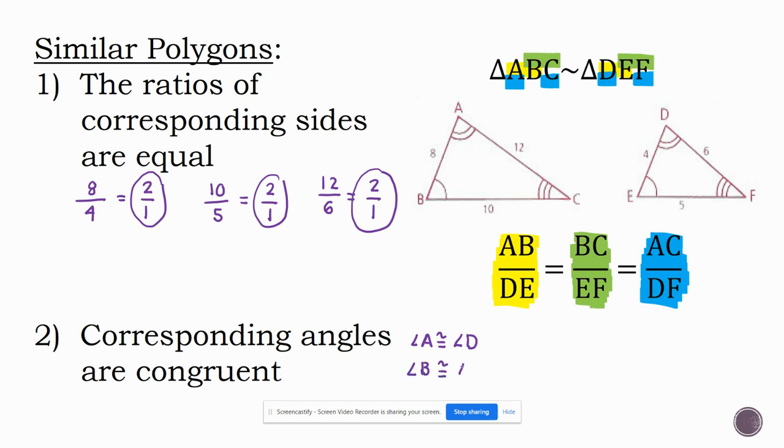When we look at how the triangles are named, those are corresponding angles that are congruent. And then lastly, C and F. They are marked the same in the picture. They are also in the same spot when I'm writing out the names of those similar triangles. Those are corresponding angles that are congruent. So everything checks out in this picture. I have similar triangles because both ratios of corresponding sides are equal and corresponding angles are congruent.